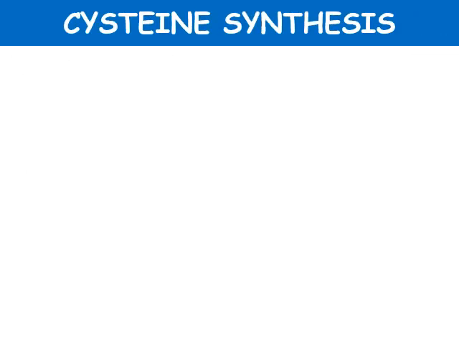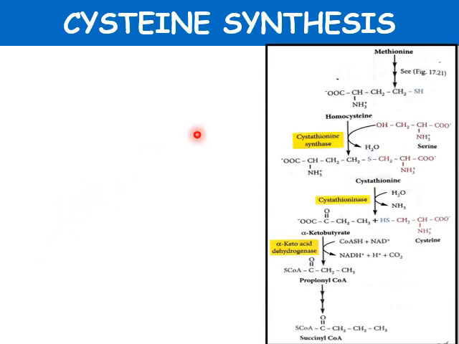Now cysteine synthesis. In our previous slide, we have seen that the methionine gets converted into SAM, that is S-adenosyl methionine. After donating the methyl group, it gets converted into SAH, that is S-adenosyl homocysteine. And after removal of the adenosyl group, it gets converted into homocysteine.